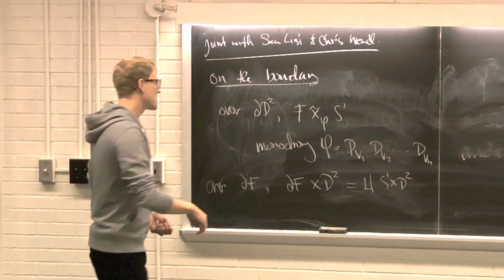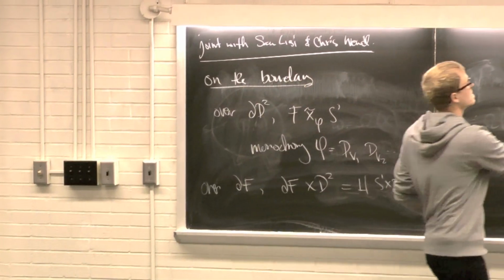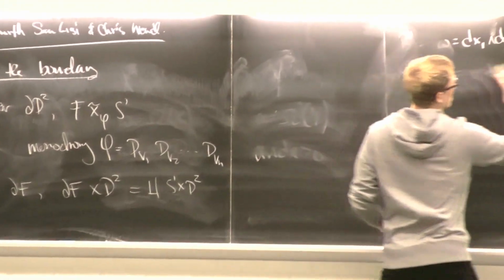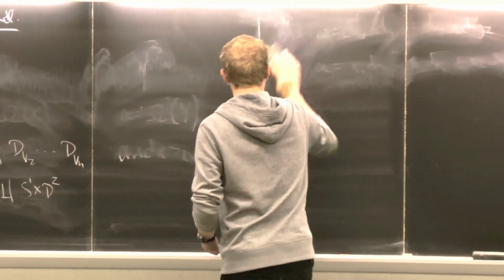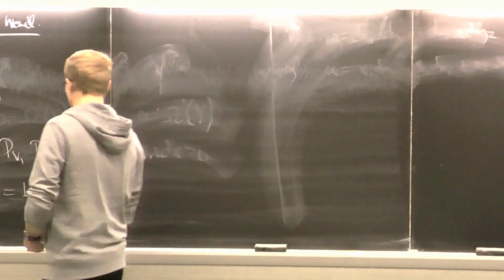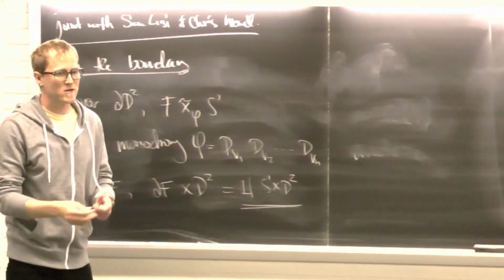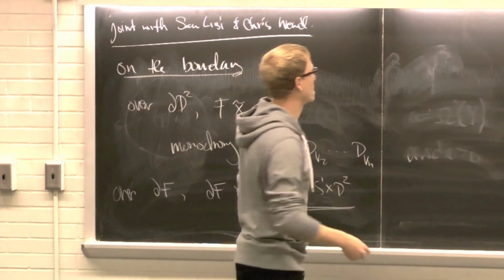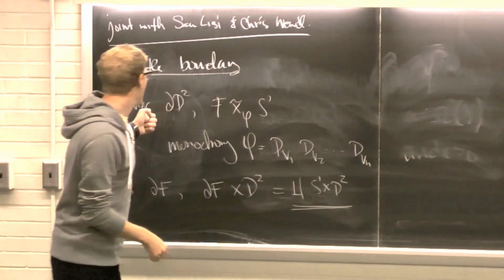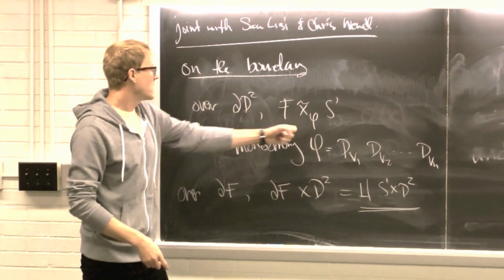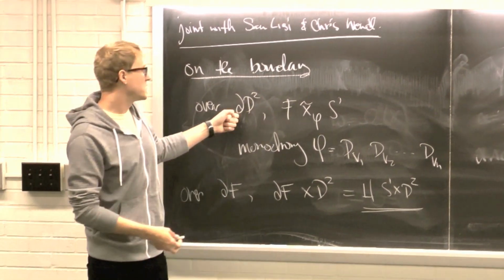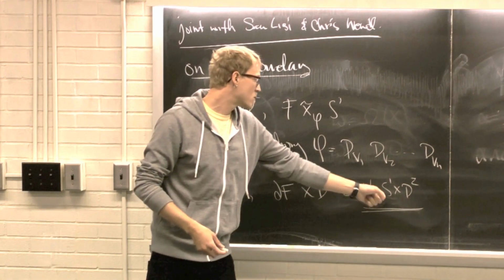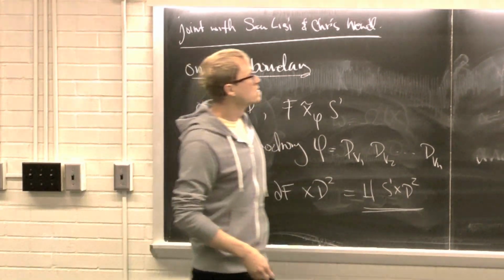This description is exactly what Jesse was talking about when he was talking about an open book decomposition, but with a specific thick neighborhood of the binding here. So when we glue these together, we're gluing this S1 to the boundary of D2, and we're gluing this S1 to the boundary of F. So in our 3-manifold, we've got two pieces here.